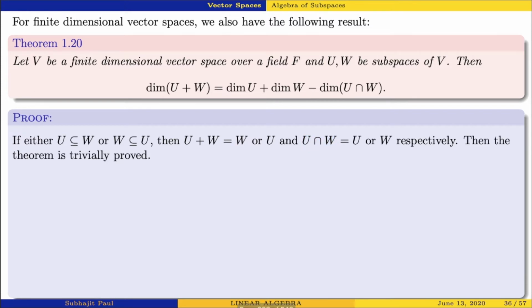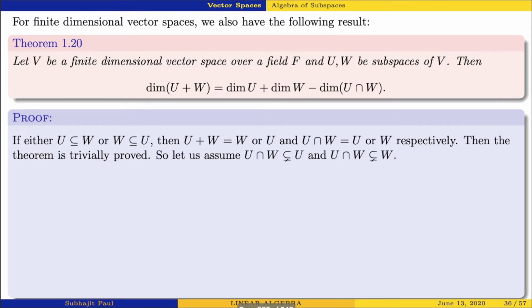Then the theorem is trivially proved. You see, if U is a subspace of W, then U plus W will be W. So this is dimension W, and this is dimension U plus dimension W minus the intersection, which will be the smaller one, in that case U. So dimension U plus dimension W minus dimension U, you are left with dimension W, and here also dimension W, and vice versa in the other case. So this is trivially proved.